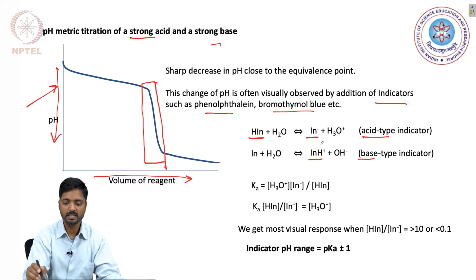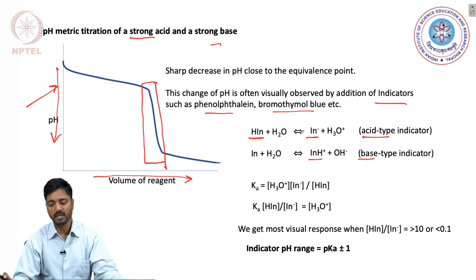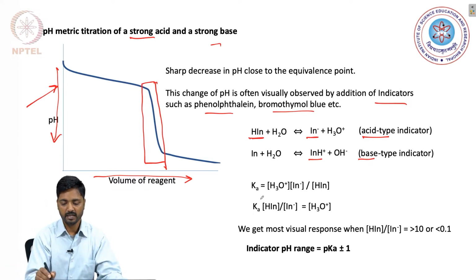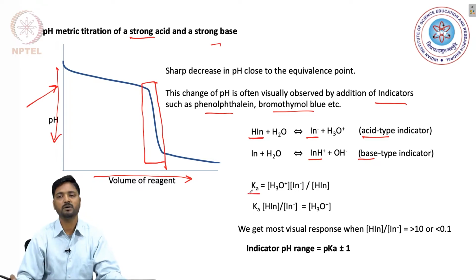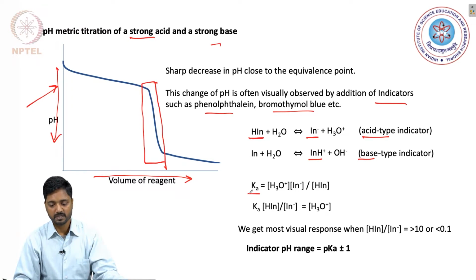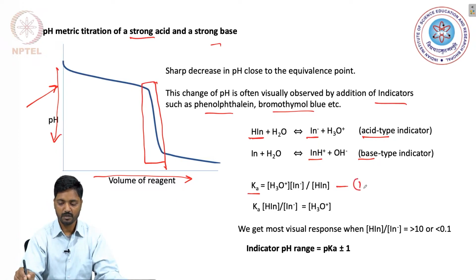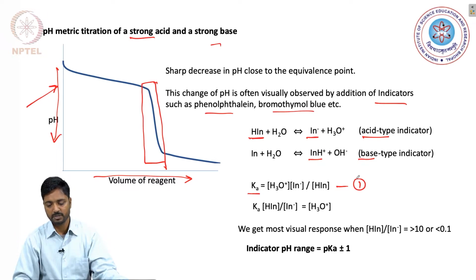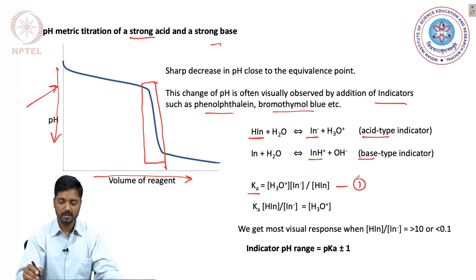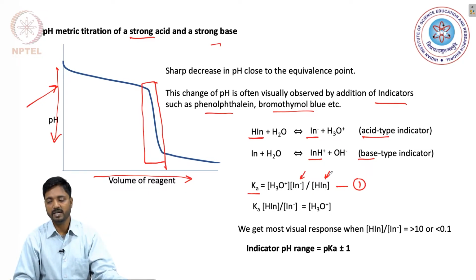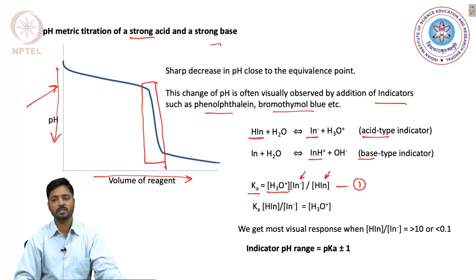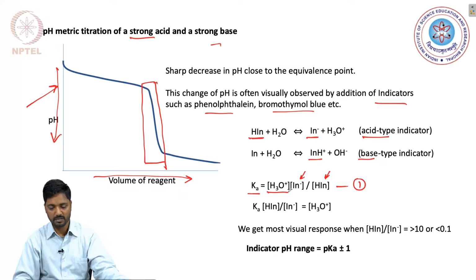Now, since this is an equilibrium reaction, for an acid type indicator we can describe a dissociation constant Ka as given here in equation 1, and this describes the changes in the amounts of the anionic form and the neutral form of the acid type indicator that will be present as the H3O+ ion concentration varies, because the K value for every indicator is fixed.